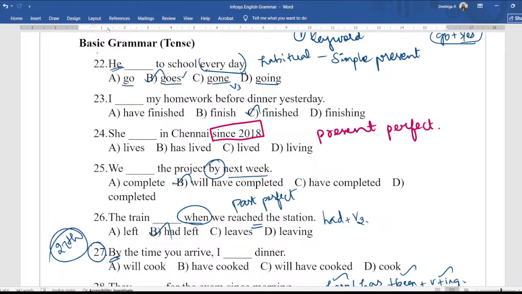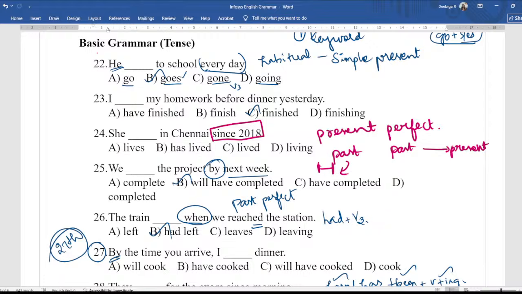When we talk about something that has started in the past and ended in the past itself, that is past tense. But something that has started in the past and is continuing till the present, we use perfect tenses in that case. Here, she is a singular person.